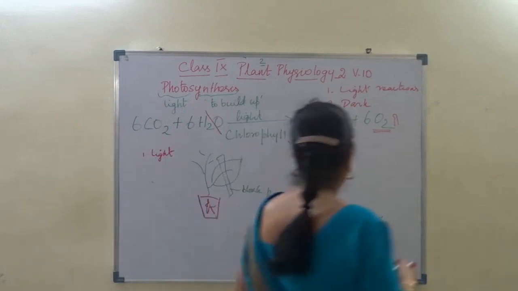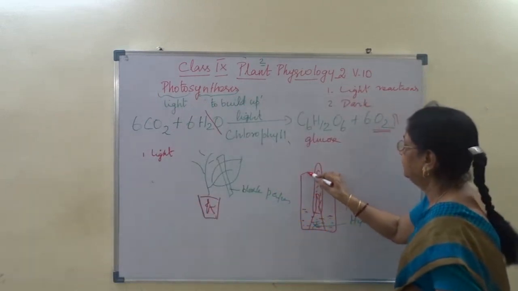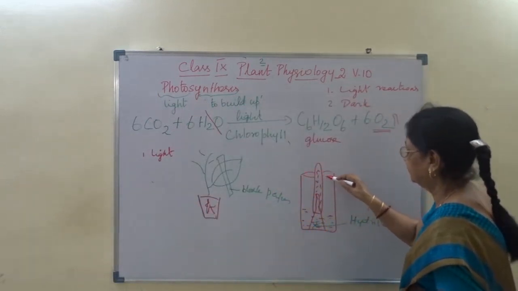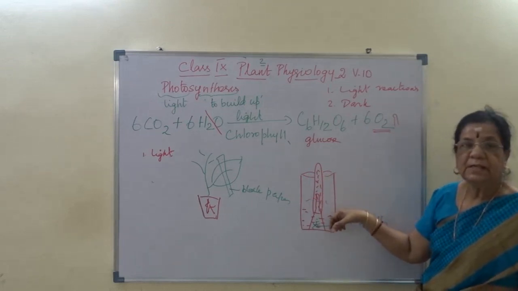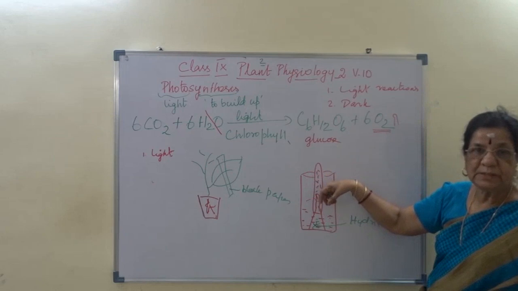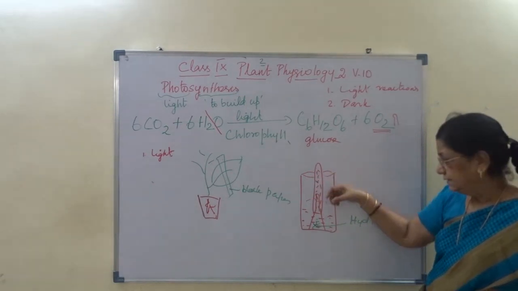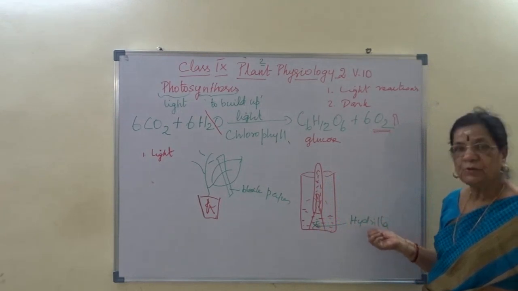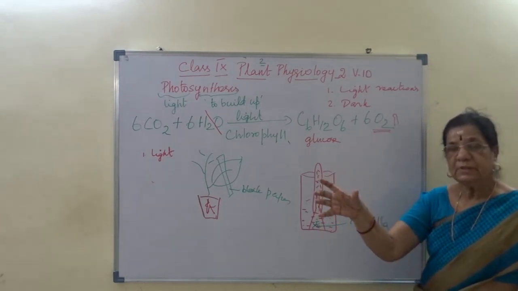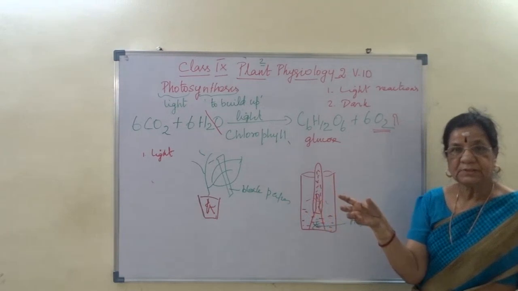Okay. So now here, you take a beaker with the water, and then you take a funnel, invert it, and over that you keep a test tube filled with the water, and then inside the funnel you keep cut branches of hydrilla plant. Keep the apparatus in sunlight for some time.